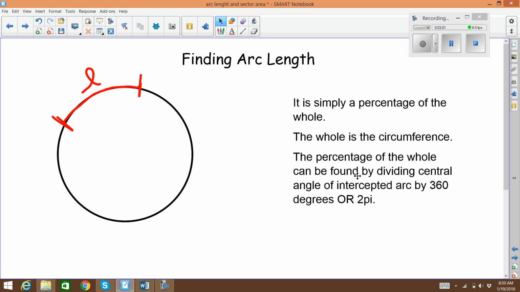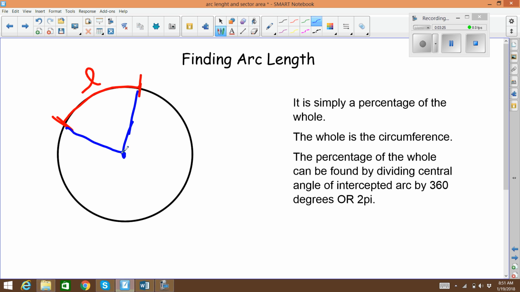The percentage of the whole can be found by dividing the central angle. A central angle is one that's formed with the center of the circle as the vertex and radii as the sides of the angle, and this is called an intercepted arc.